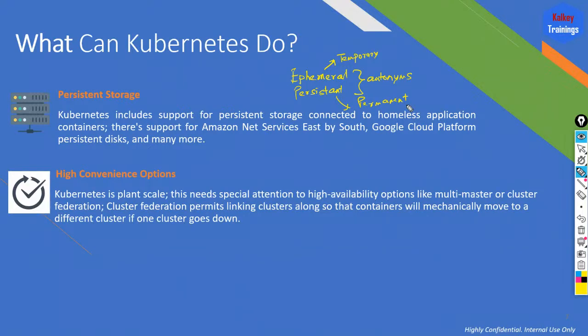So I will always like to go for something which is persistent, because our containers are very, very ephemeral. If the container goes down, what is inside the container? As you have learned from Docker, there is an image or an application, or you can say a microservice.